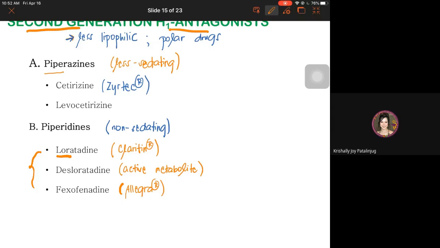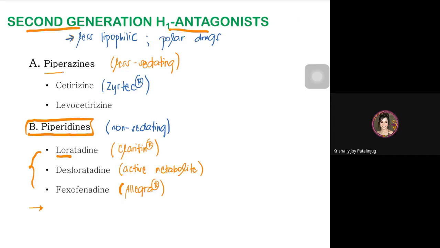So kani nga mga list of H1 blockers, kaning under sa piperidines, ito yung mga highly recommended for those customers nga ang ilahang occupation is, for instance, drivers, pilots, di ba? So take note na ninyo. Usually for pilots, for drivers, and any other occupation nga kailangan dili sila katulgon.